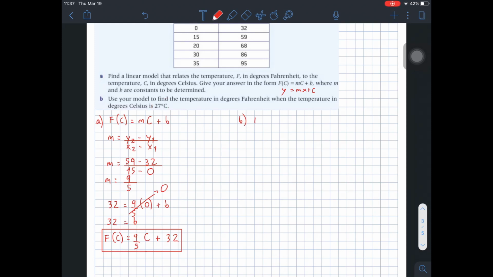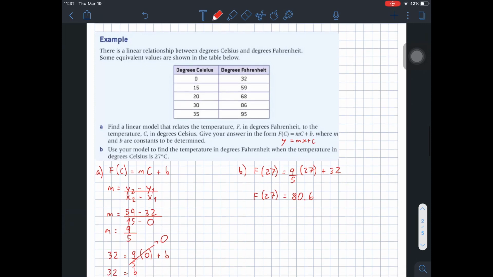So we're asked to find f of 27, which is m is 9/5, x is 27 plus 32. So we calculate f of 27, which would give us 9/5 times 27 plus 32, and this is 80.6 degrees Fahrenheit.